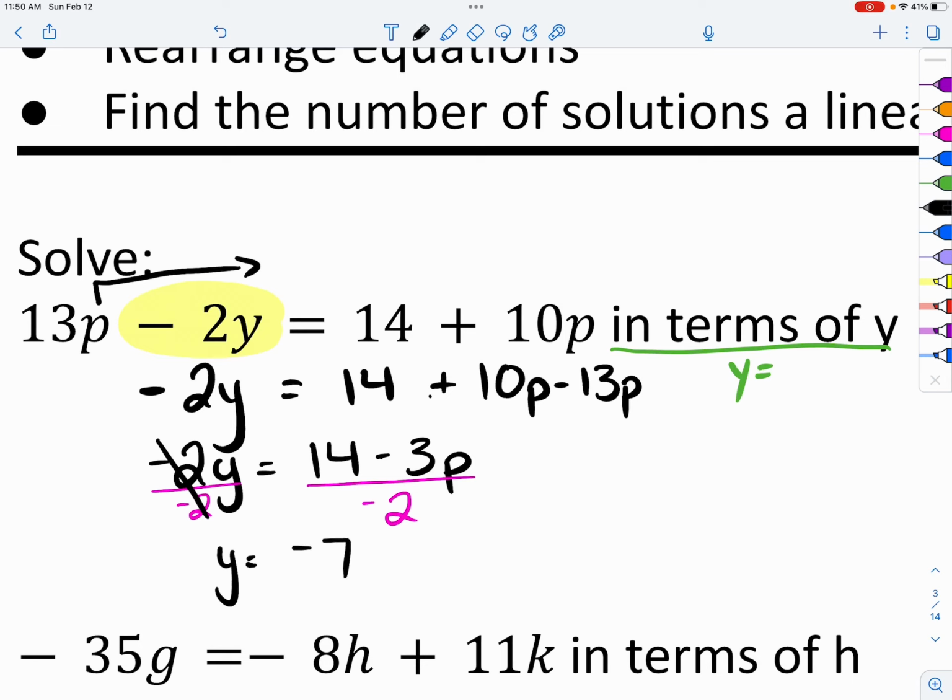Careful on this one: negative 3p divided by negative 2 is a positive 3 over 2 p. Or a solution might be written like this, because in math we tend to write the variable terms first, so the p term first, the 7 second, but both of those final answers are rearranged correctly.